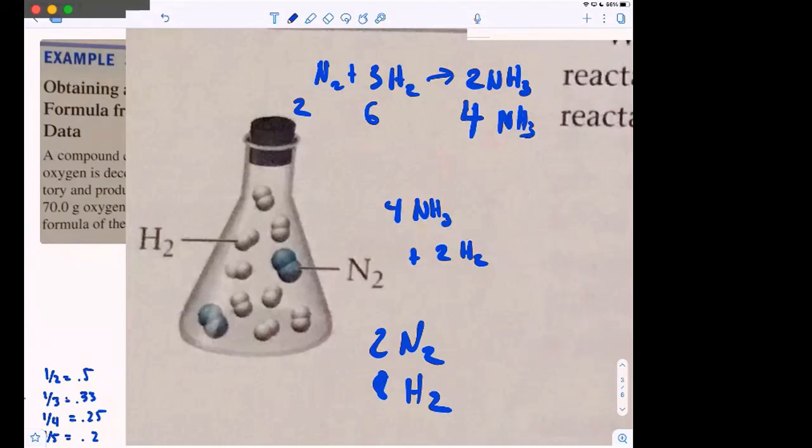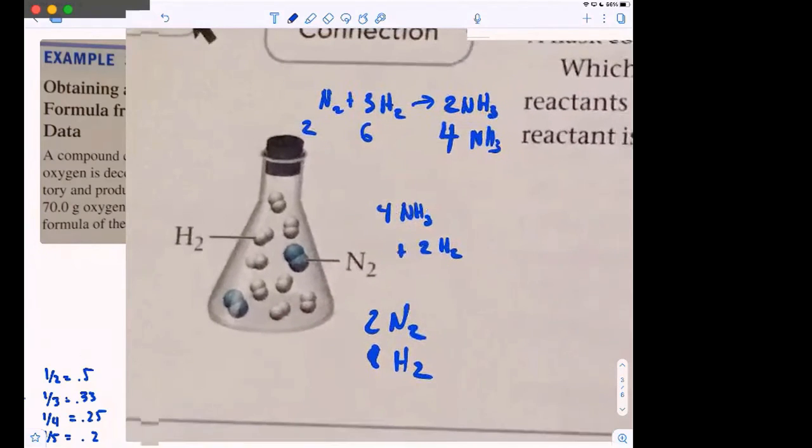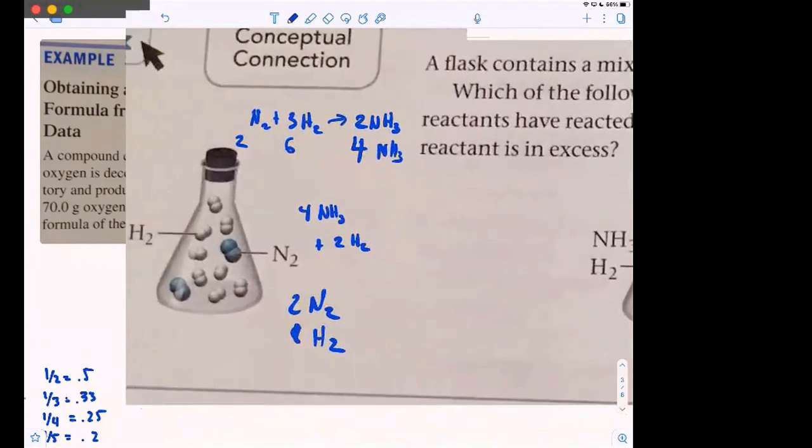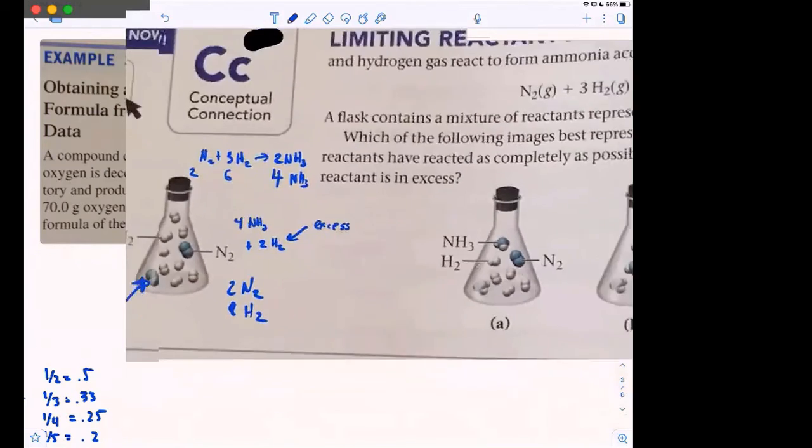That's the way this chemical reaction is going to go. The limiting reagent, LR, is nitrogen, and then the hydrogen is the excess.